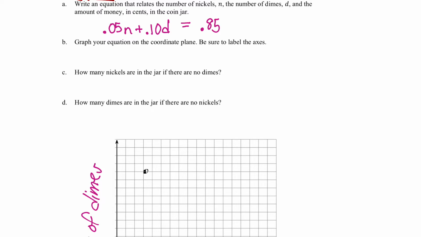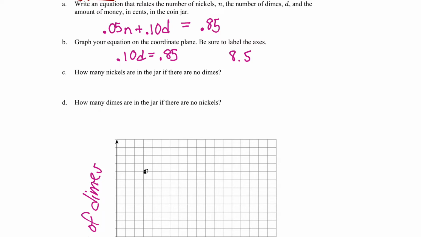So if I make N 0, I get 0.10 D equals 0.85. So calculating that, we have 0.85 divided by 0.10 is going to give me 8.5. Okay, we can't have half a dime, so that's a little bit strange, but we're going to go ahead and still graph that as it is.